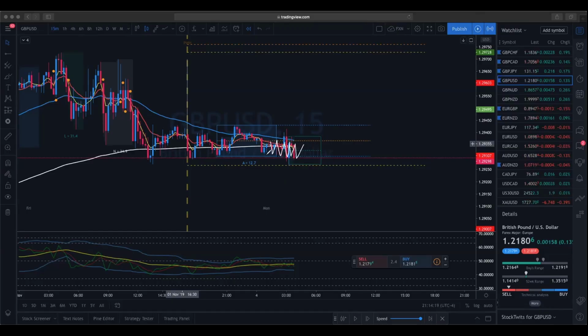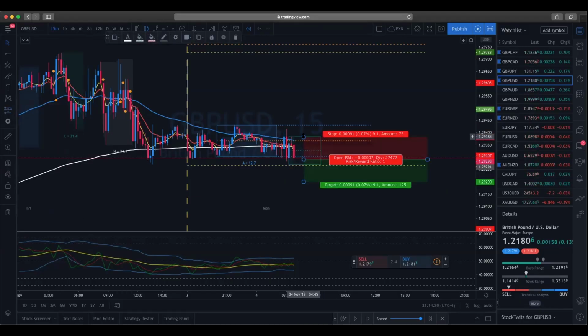Ideally, you want the low of Asia to break for the trade. Your range here is really good because even if you do 15 pips, all the way at the very top of the range.